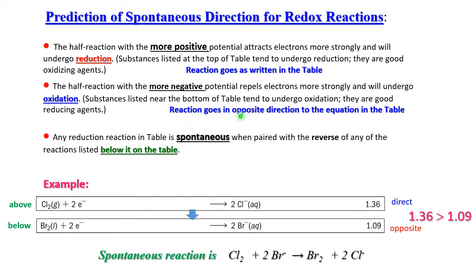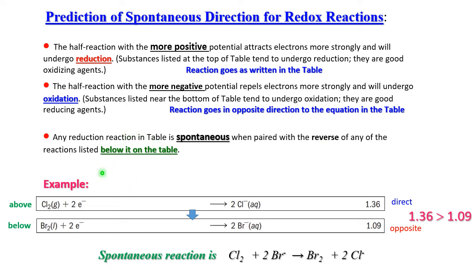This reaction will go in the opposite direction to the equation listed in the table. Any reaction in the table is spontaneous when it's paired with the reverse of any reaction listed below it on the table.